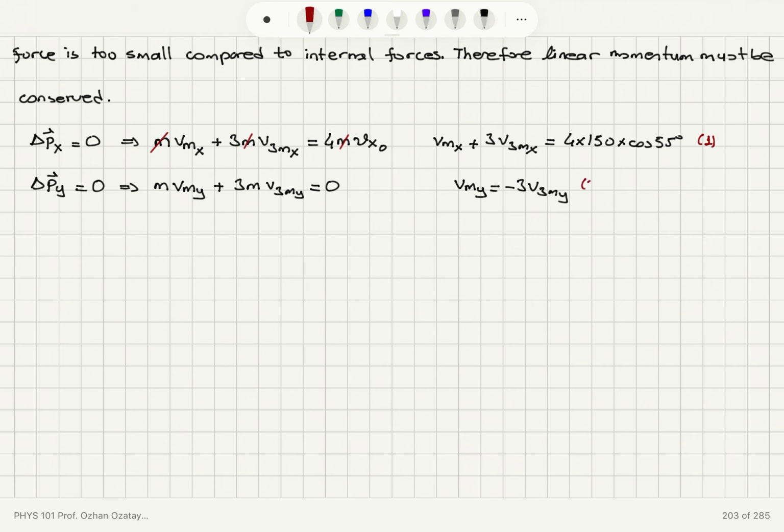This is our second equation. Now, after the explosion, the time of flight, delta Tf, for the two fragments is the same. So they reach the ground at the same time.